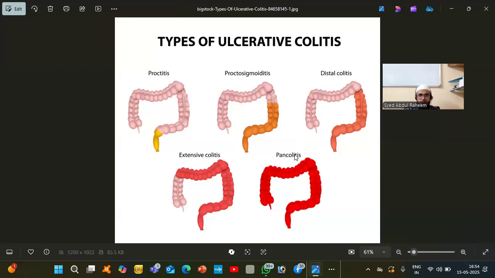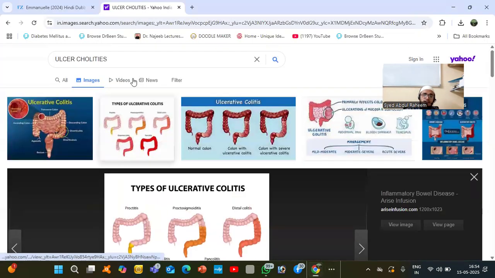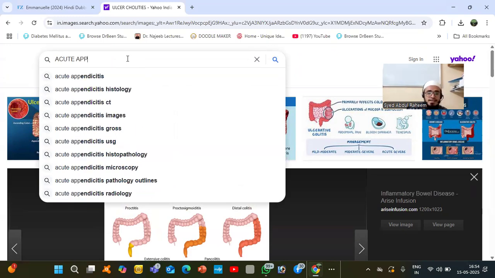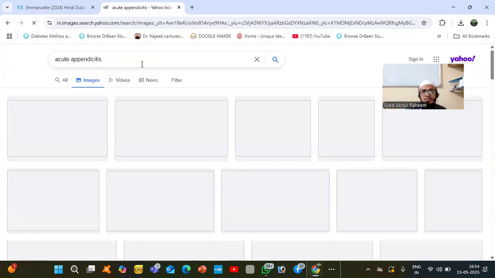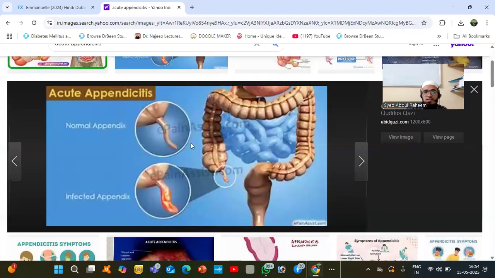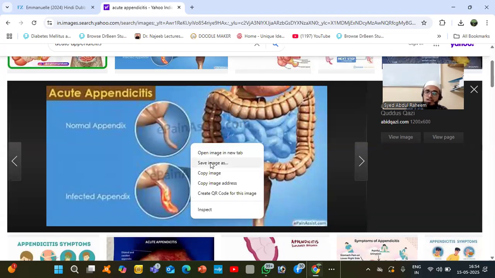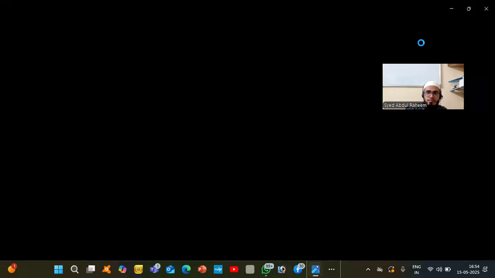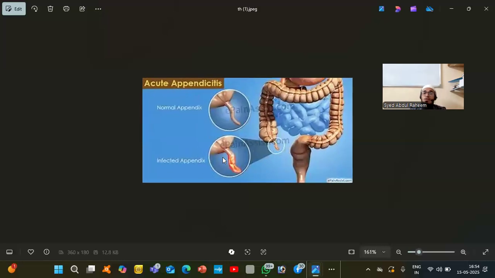One important pathology that we missed is acute appendicitis. What is the investigation of choice? Ultrasonography or CT abdomen is the investigation of choice for acute appendicitis.